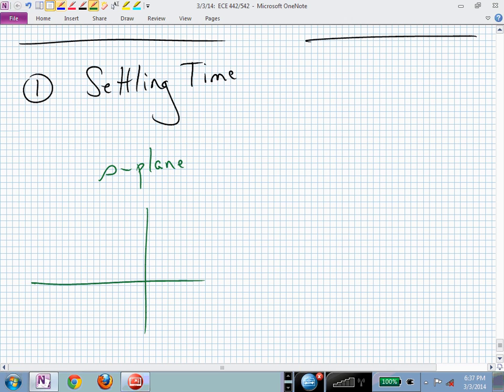Meaning you can now have something here, which might be sigma 1, or it might be here, sigma sub 2. We're now going to map those two through our friend, z equal e to the st, and what happens in the z-plane?